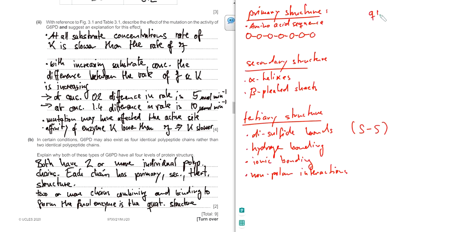Then we have the quaternary structure, and this is where we have fully folded polypeptide chains, different polypeptide chains that come together and bind to each other, forming the final working protein.